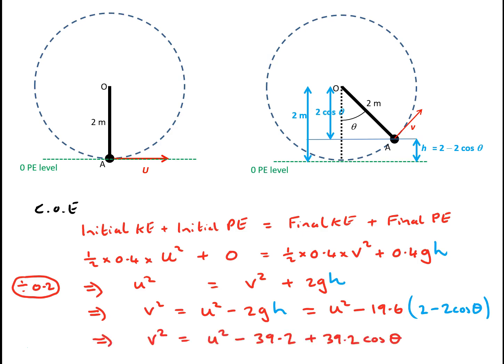Multiplying out the brackets gives me v squared equals u squared minus 39.2 plus 39.2 cos theta. And this equation that comes from the conservation of energy is going to tell us a lot about the subsequent motion of the particle.